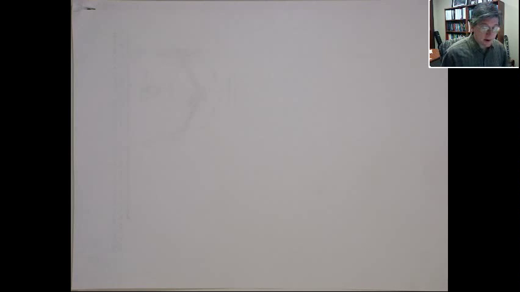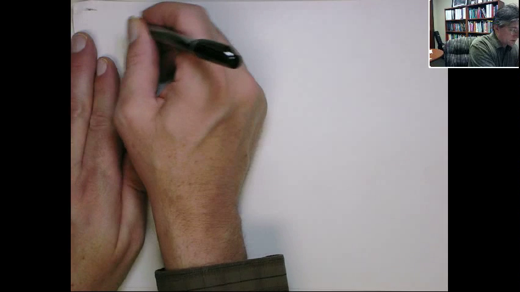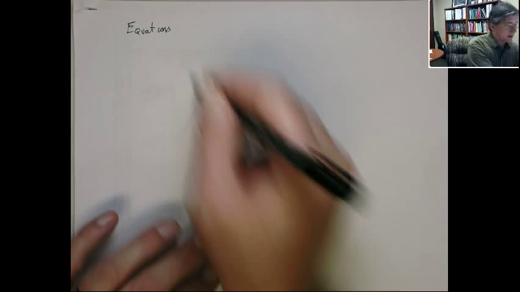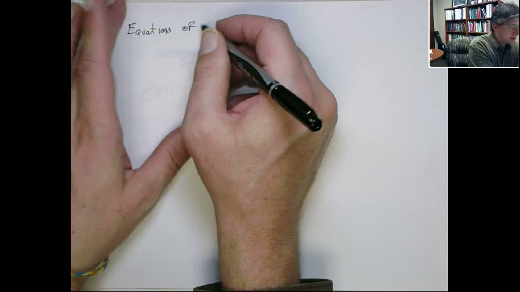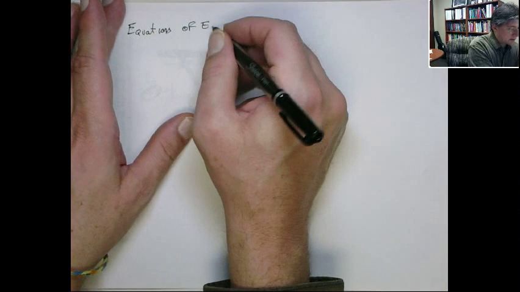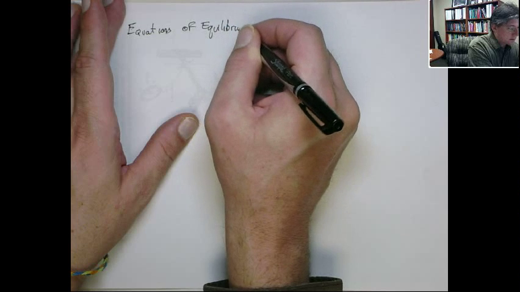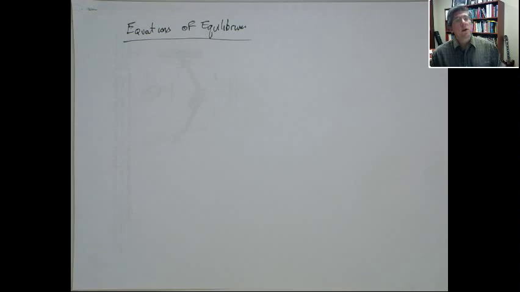So what I wanted to talk about in this class is the equations of equilibrium. I'm writing a name. Excuse a sloppy image. Okay, so we're going to talk about equilibrium equations.